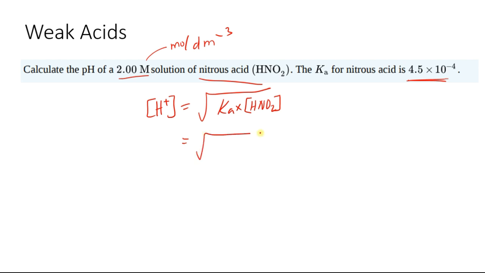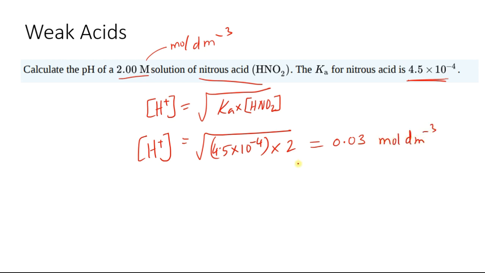Then you have the values substituted in there, 4.5 times 10 to the power minus 4 times the concentration of this, just 2, and that gives the concentration of H plus ions. I get 0.03, that's the concentration of the H plus ions, mole per dm cubed, right? And then the next step is to work out the pH, minus log of the hydrogen ion concentration. So I'm going to put 0.03, that gives me 1.52.